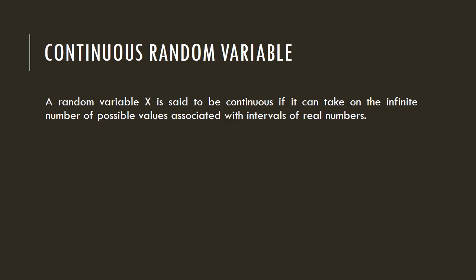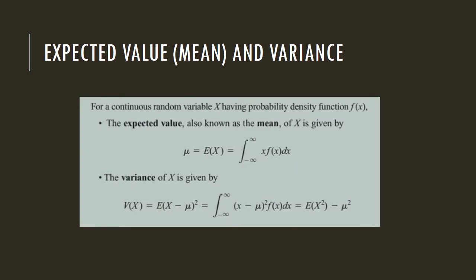For example, the weight of students in a class, the amount of lemonade in a jug, the time it takes to run a race, and so on. So to find the expected value, also known as the mean, and the variance, we use the following formulas.